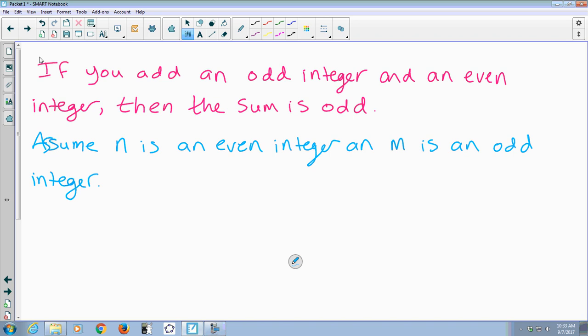But before I add them together, I'm going to apply the definitions of even and odd. So thus, n equals, we talked about the definition of even together last class, and we said a number is even if you can write it as 2 times something, 2 times another integer. So we're going to say thus n is 2 times something, where k is just some element of the integers.